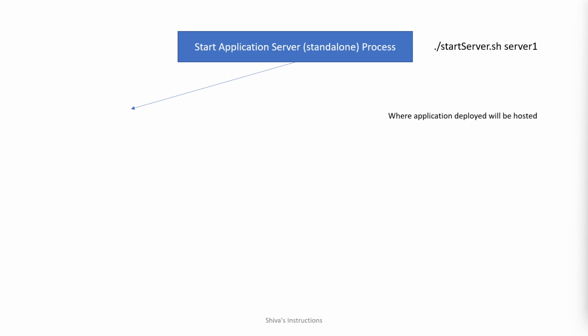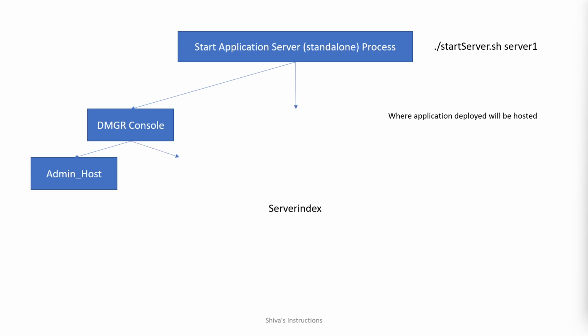So now, after creating the standalone profile, there are three components which are going to be created. The first component is the DMGR console component. Yes, the standalone profile will have its own DMGR console and the server.xml on the node level for that particular server. Within the console, you can access it in two different ways, using the admin host and admin secure.